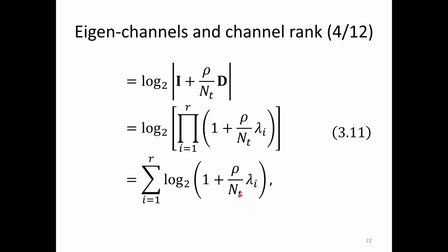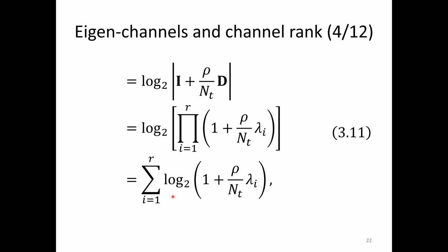Now we consider the SIMO channel, so NT is equal to 1. It means that the number of transmit antennas is equal to 1. And R is equal to 1, which is an exercise for you.